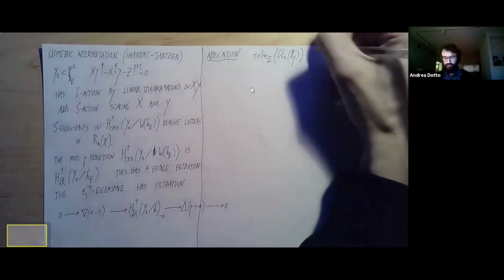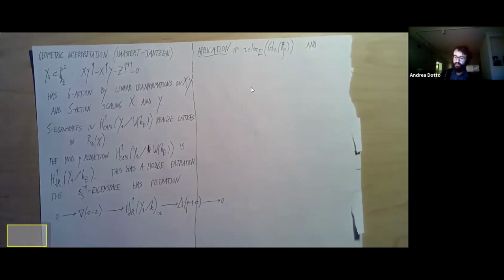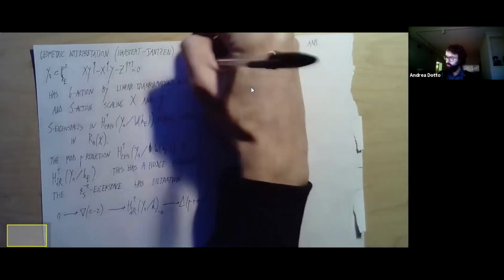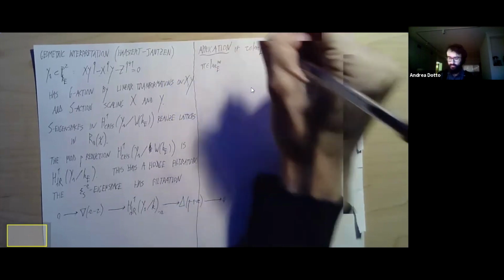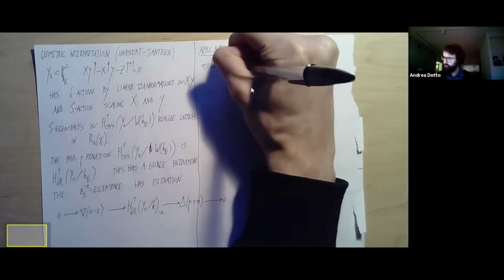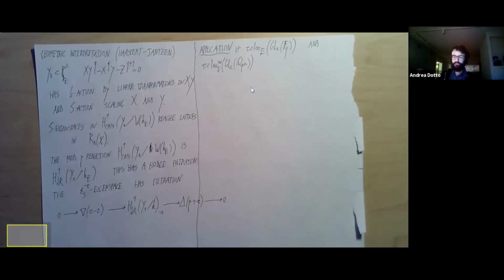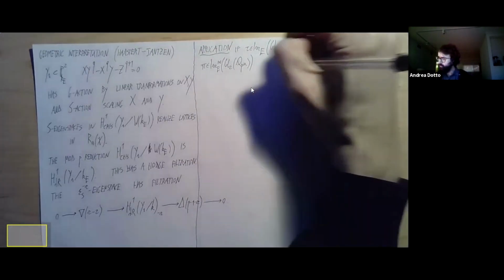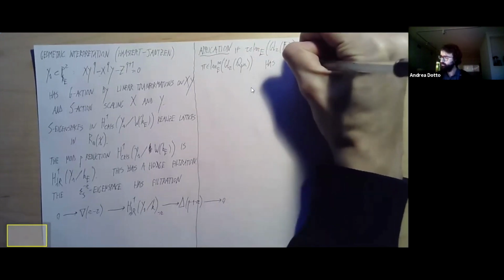So if you have such an irreducible representation, and you know that it occurs in a smooth representation pi, an irreducible smooth representation of GL2 over the unramified extension of Q_p of degree n, and you know that this space is non-zero.